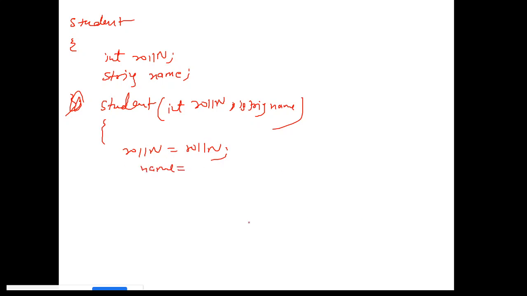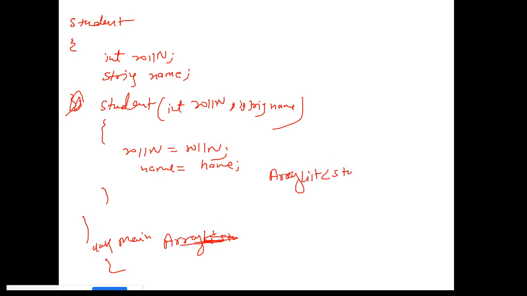Here you have to use this dot, but let it be for now. Now you have a main method inside a different class. Suppose the class is Main, and you create an ArrayList of Student type: st is equal to new ArrayList.